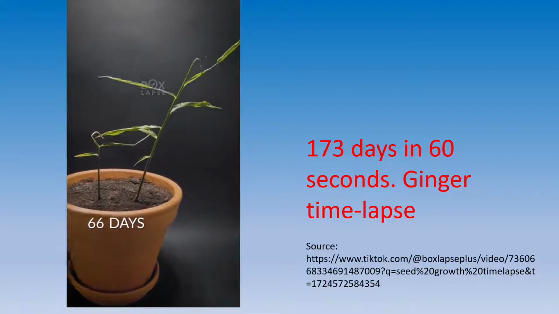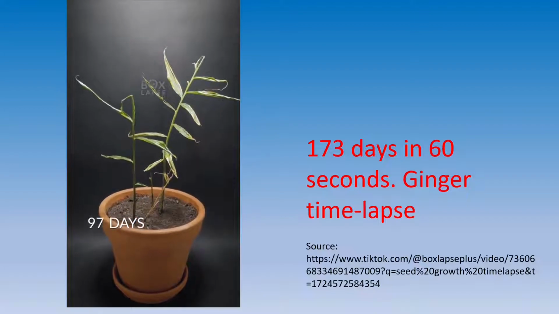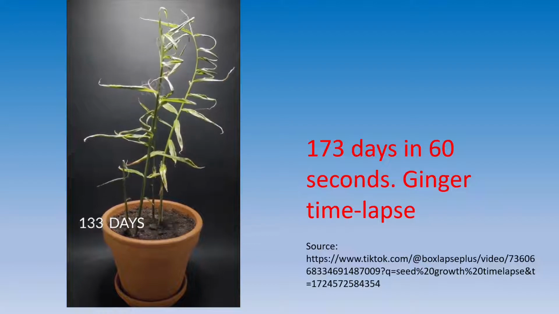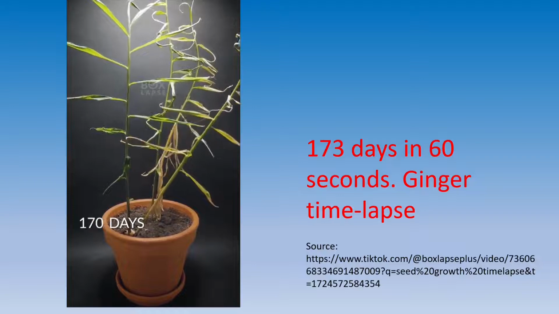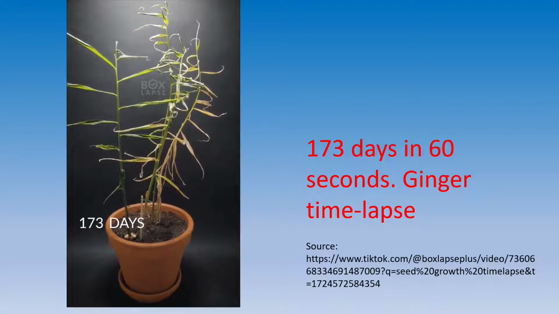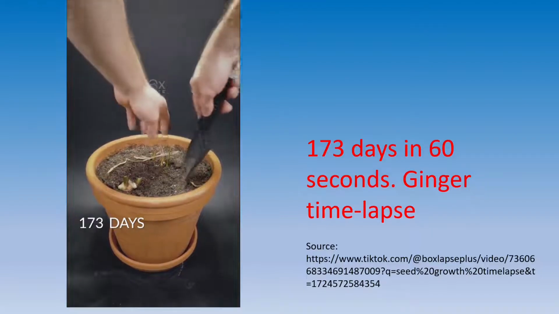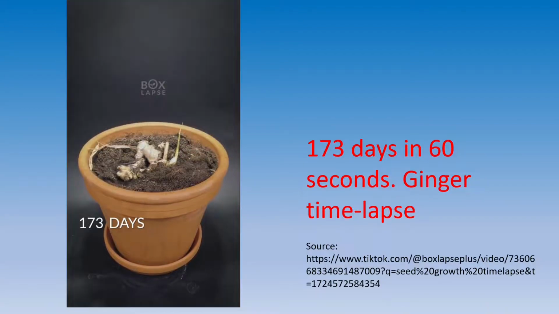So now we can see how interesting it is that a new shoot is growing out from the rhizome. And from that one rhizome, you are able to produce several pieces as well. So that's how rhizomes can be used for asexually reproducing and propagating different plants.